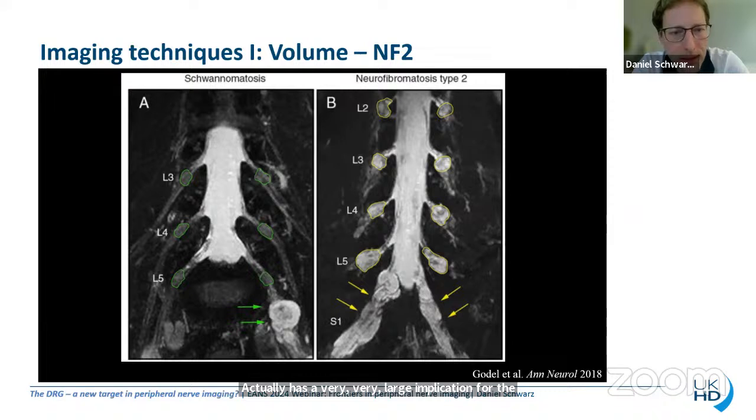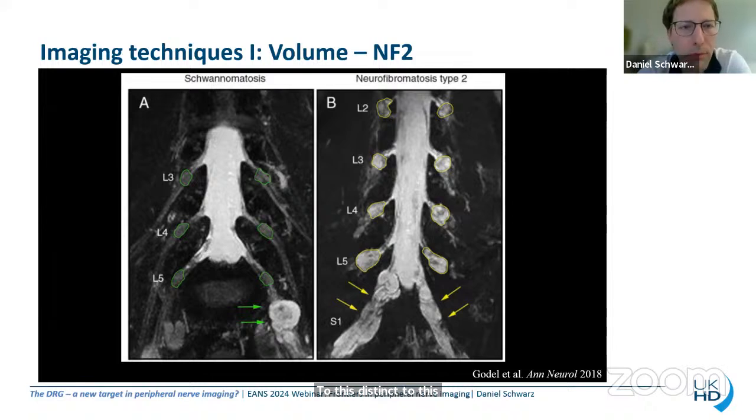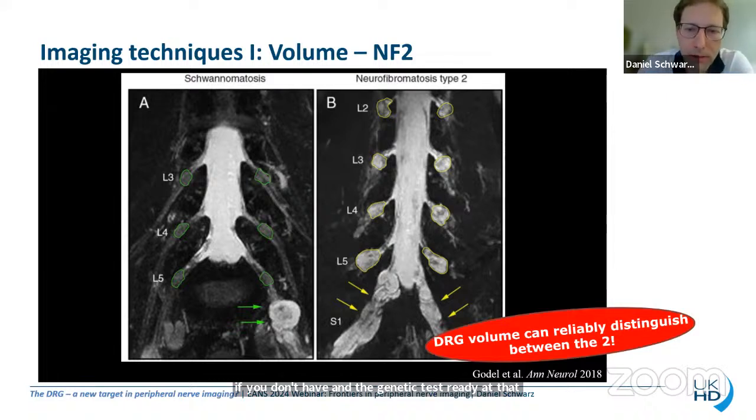In this work from 2018, it was found for the first time that the gross volume of the dorsal root ganglia can actually be used very, very well, on the one hand, to diagnose neurofibromatosis type 2, and also to use it as a marker to distinguish this pathology maybe from schwannomatosis, which is sometimes a bit difficult if you don't have the genetic test ready at the time. So the DRG volume can reliably distinguish between the two.